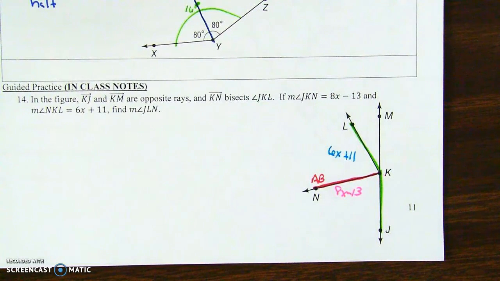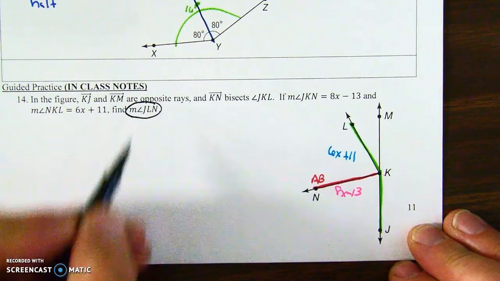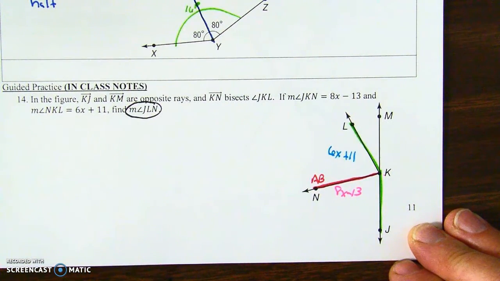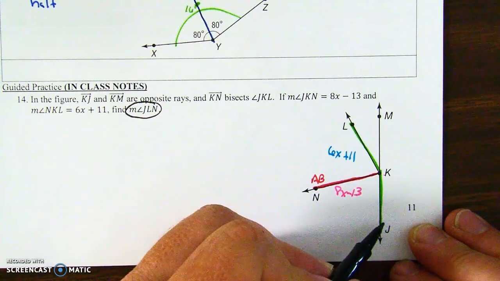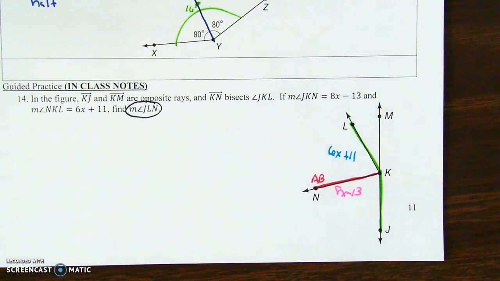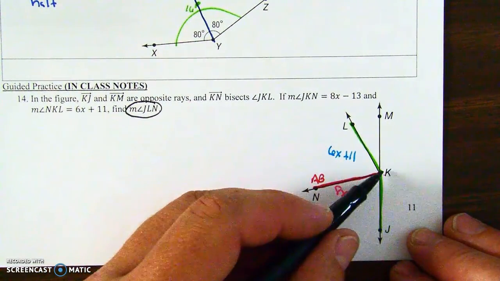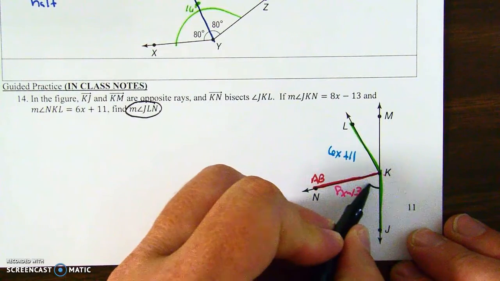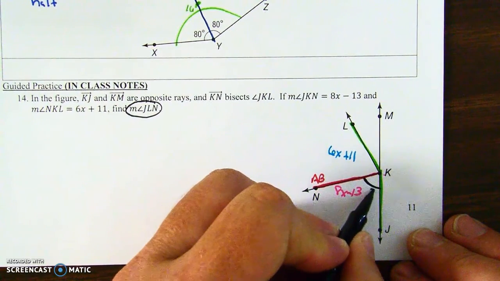They're asking us to find the measurement of, in the text it says JLN, but that doesn't make any sense. So I think it's supposed to be JKL. We're going to assume that's a typo and find the measurement of that angle.